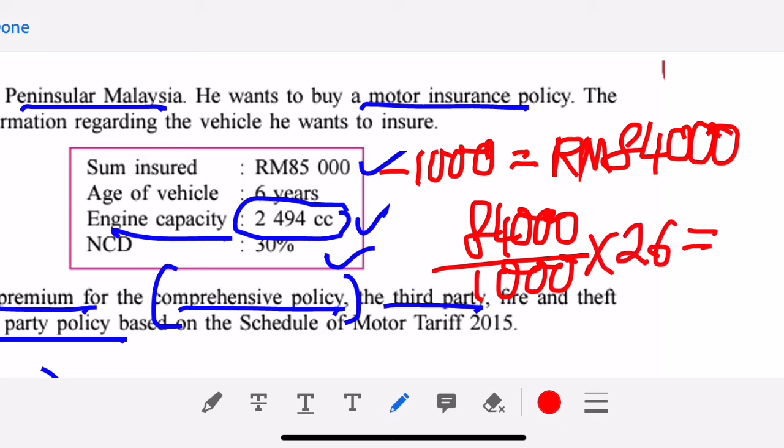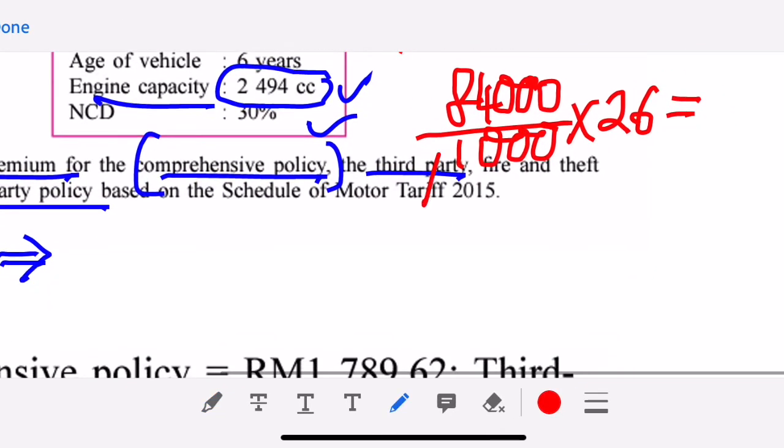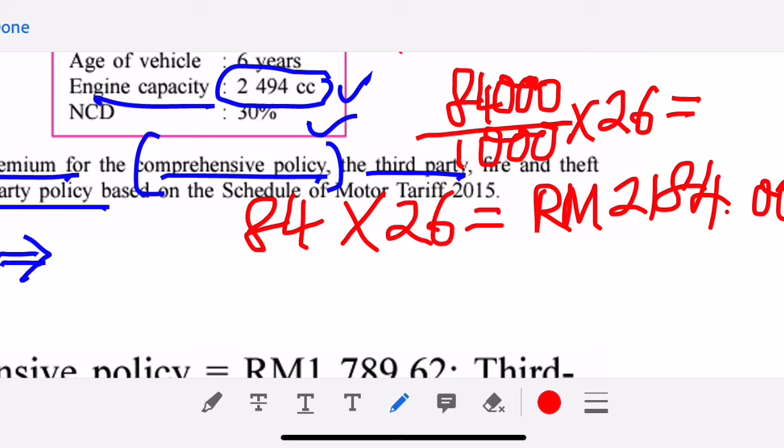If you press the calculator, the amount is RM2184. You can just write 84 times 26 because it's per 1,000. So it's 2184, right? Can double check with the calculator. We take 84, because we know it's per 1,000, 84 times 26 is 2184.